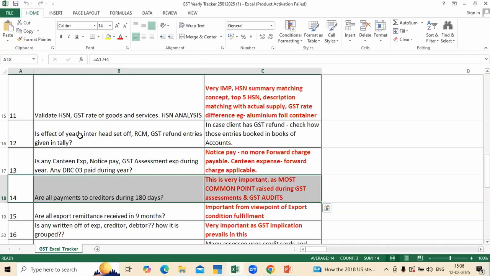So from Tally itself, find the transactions which are not paid within 180 days, like which are paid after 180 days, and reverse the input credit for those transactions. And whenever you make payment, reclaim those credits. But ensure you do this, otherwise you will end up reversing lots of credit, and that too with interest and penalty.